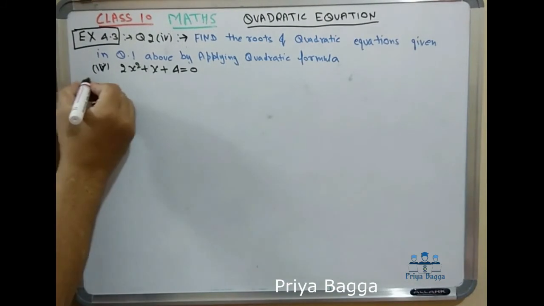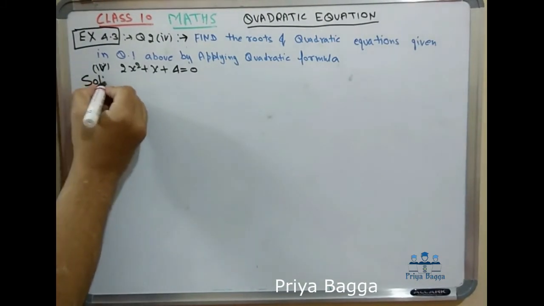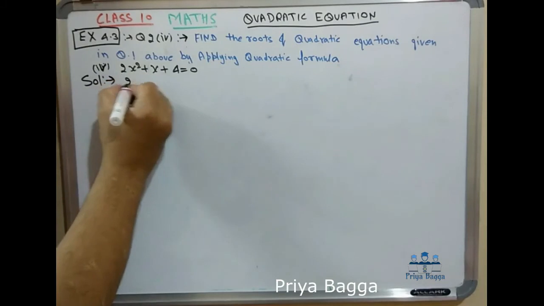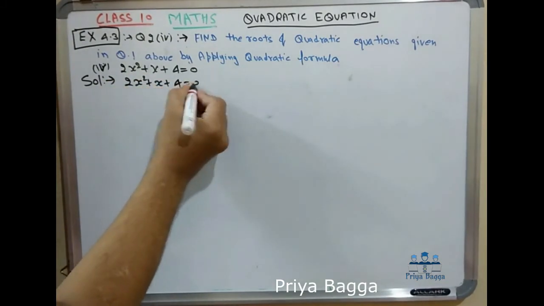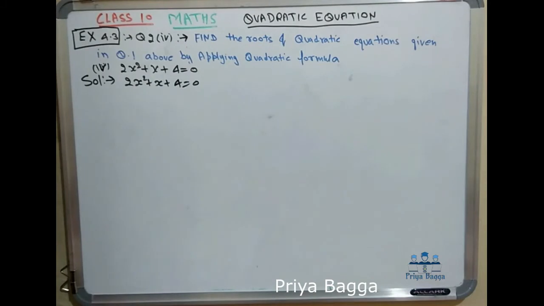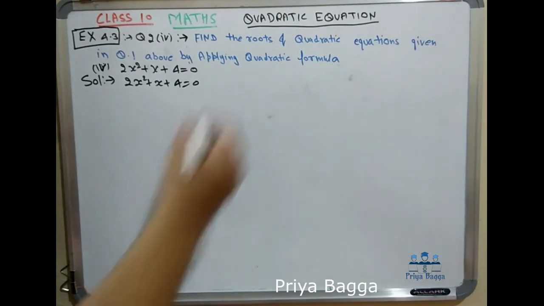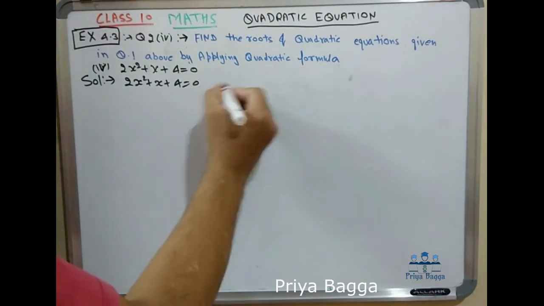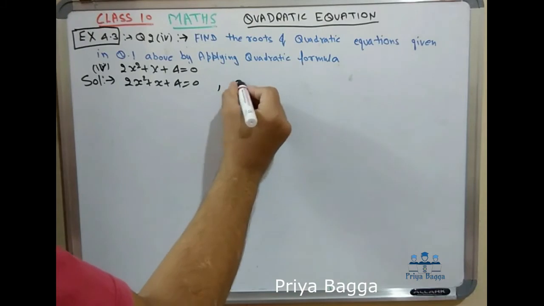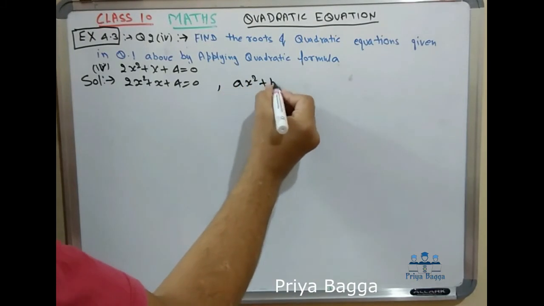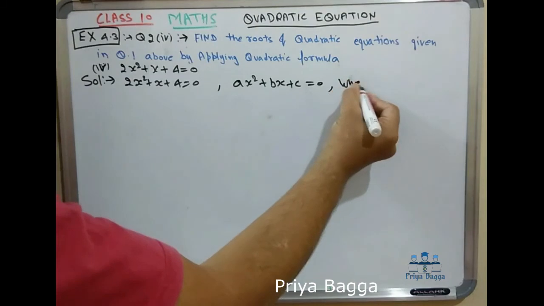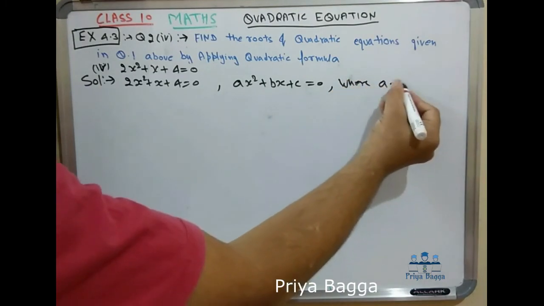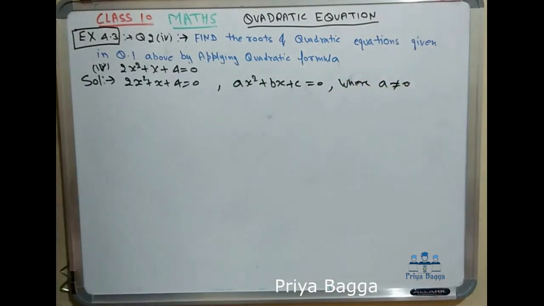So now let us find the solution of this quadratic equation. The given equation is 2x square plus x plus 4 is equal to 0. Now we will compare this equation with the standard quadratic equation, which is given by ax square plus bx plus c is equal to 0, where a is not equal to 0, and a, b, c are all real.